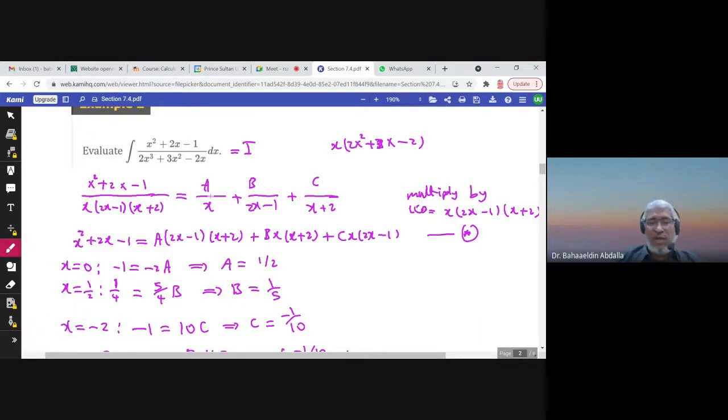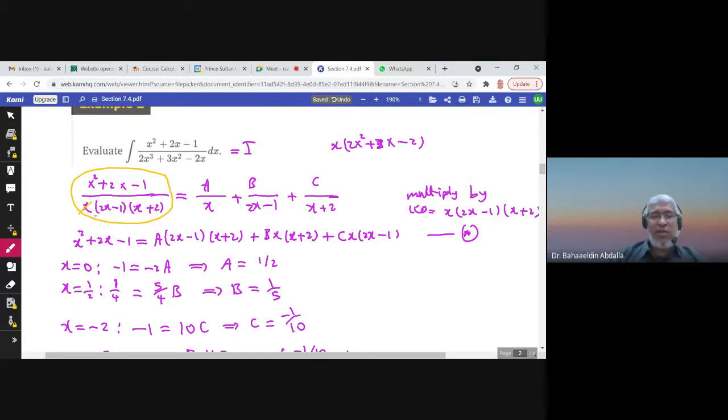To find a, the 0 of x, which is in the denominator, is 0. So to find a, I replace x in the left-hand side with 0, but without replacing this x, because then the denominator will be 0.